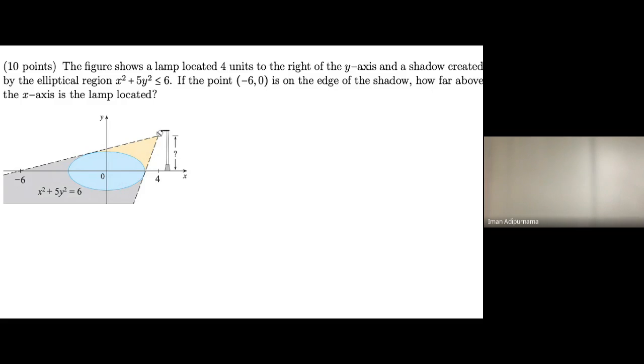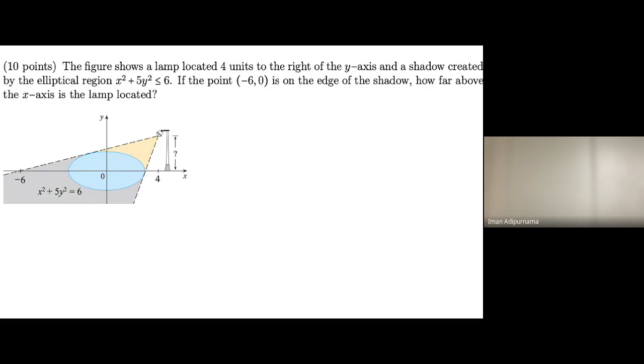Because if you use the tangent line, at least you get negative 6, 0 for 1 point, right? So you can find the tangent line of this one. You can find the slope from here, right? At least you have 2 equations from there. Do you get what I mean?